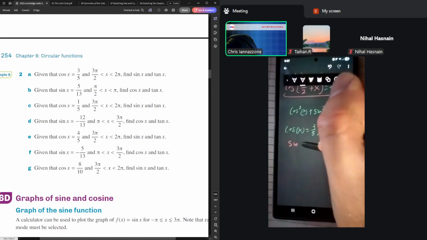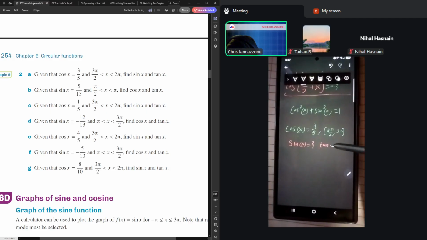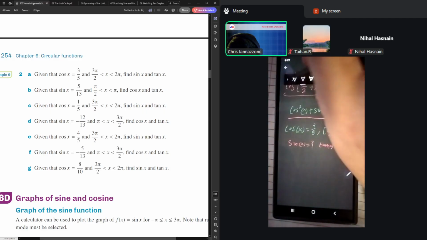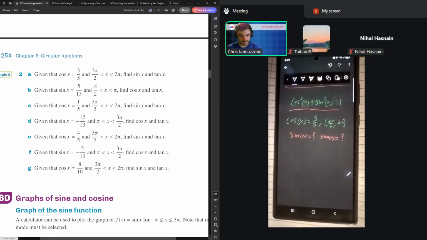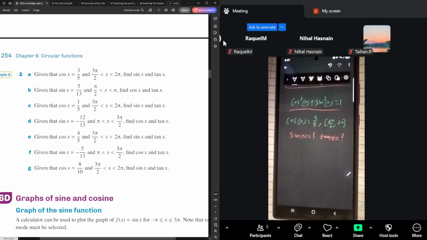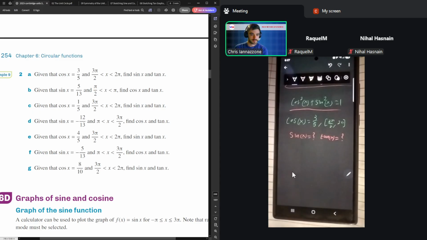So sine x equals what? Tan x equals what? How are we going to get started? Do we use the Pythagorean identity for sine?